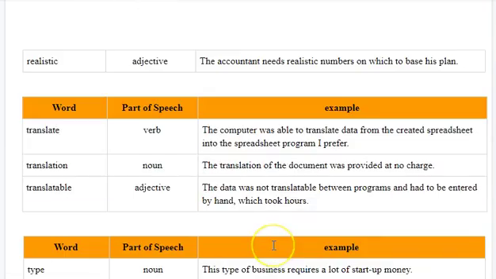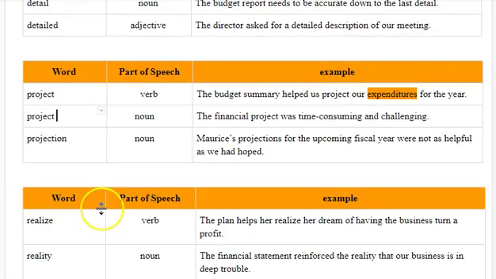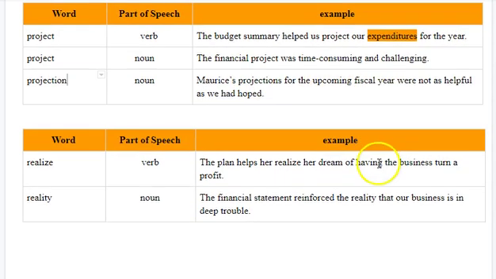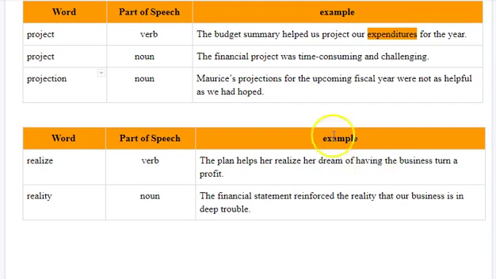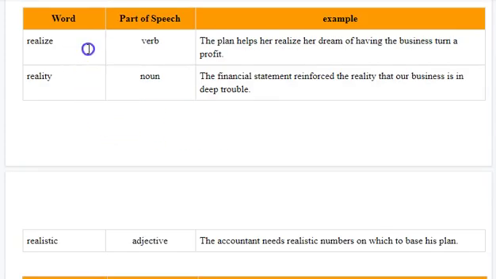Project, noun. The financial project was time-consuming and challenging. Projection, noun. Murray's projections for the upcoming fiscal year were not as helpful as we had hoped. Realize, verb.